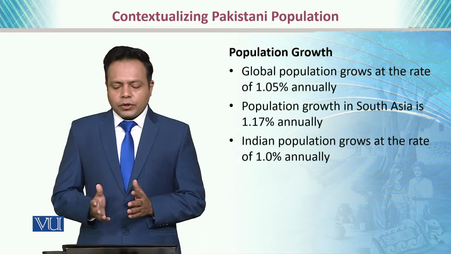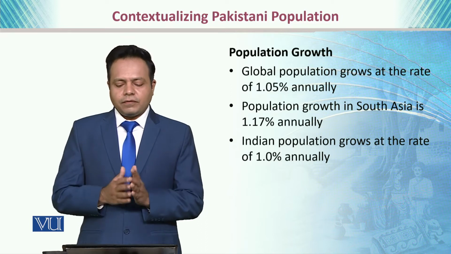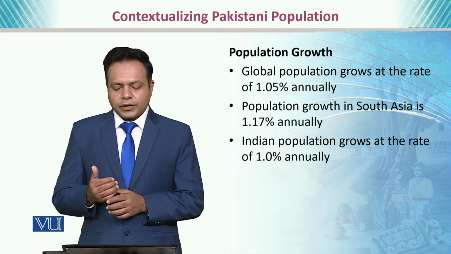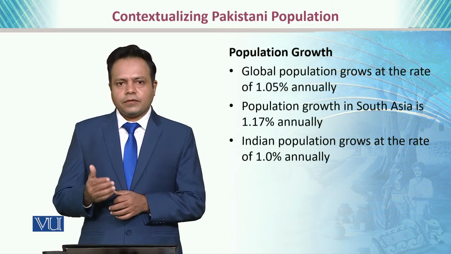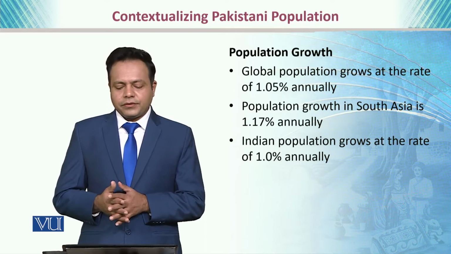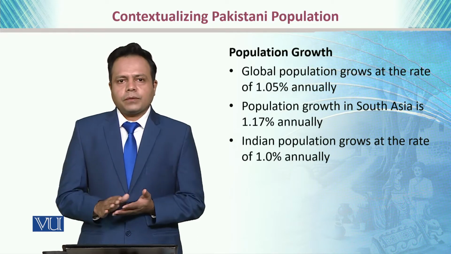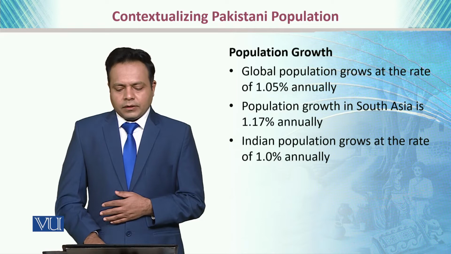So the global population grows at the rate of 1.05 annually, whereas the population growth rate in South Asia is 1.17%, and India's population growth rate is also 1% annually.